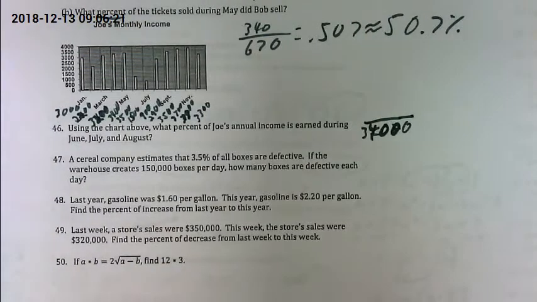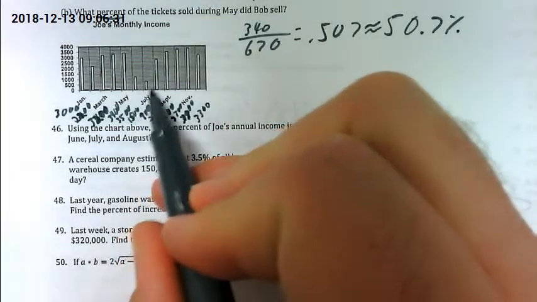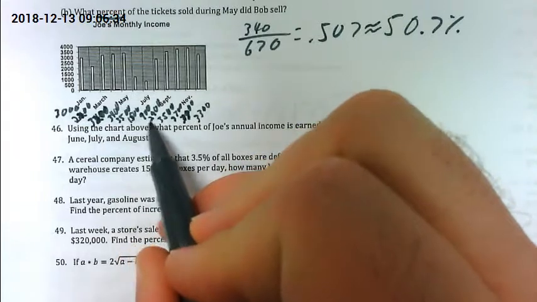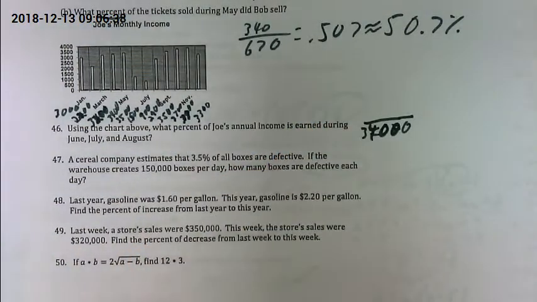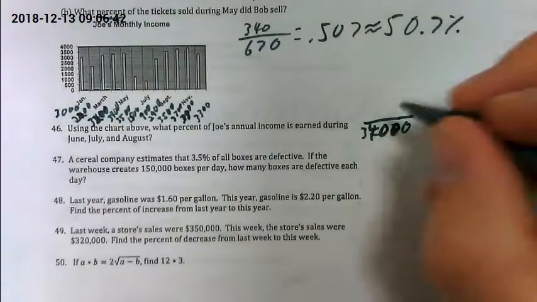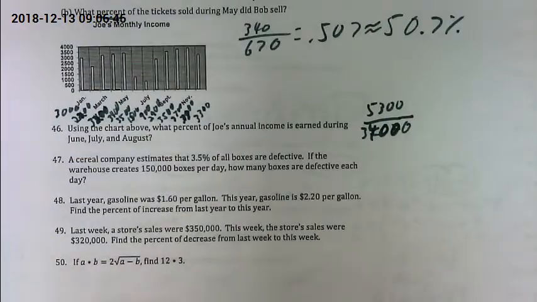So that was the total, and then it wanted June, July, and August. So June, July, and August, 15, 9, and 29. So 5,300.